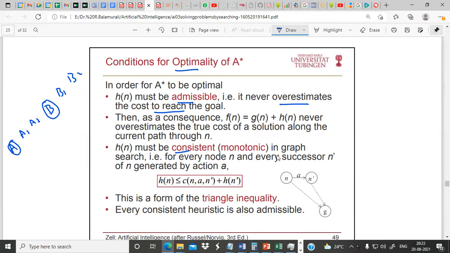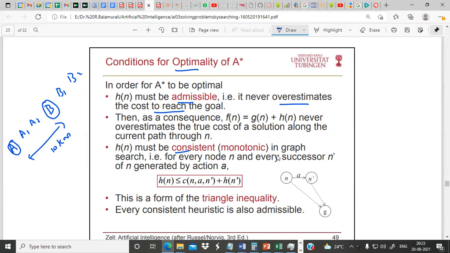The admissibility property of the heuristic function says it can underestimate, but it should not overestimate. So let us assume the actual distance from A to B is, let us say, 10 kilometers. Now the heuristic function can underestimate to any degree, but it should not overestimate.